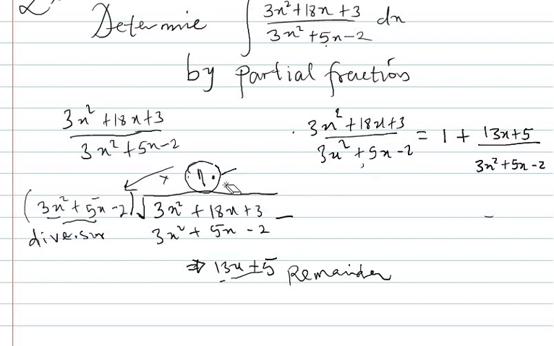So let's clean this. I hope you get how to use it to resolve into partial fractions. Just divide this over this, and then this expression is equal to the quotient plus the remainder over the divisor.